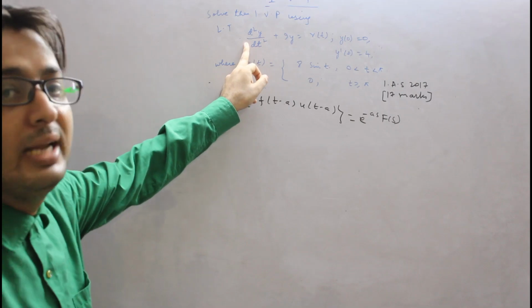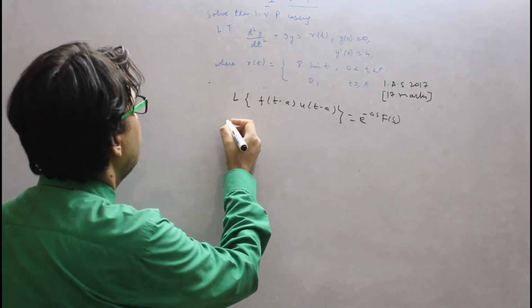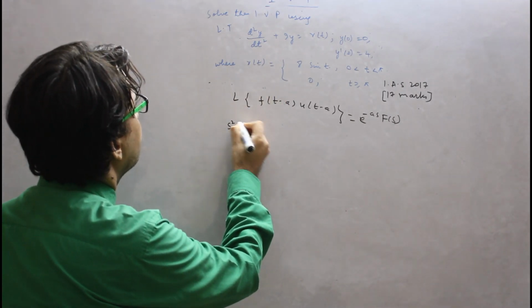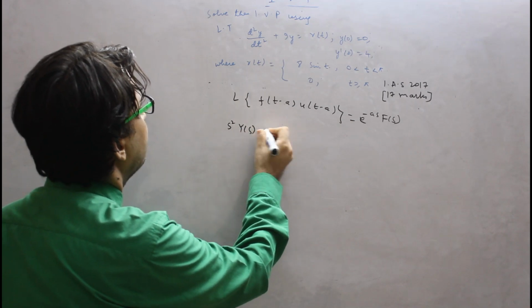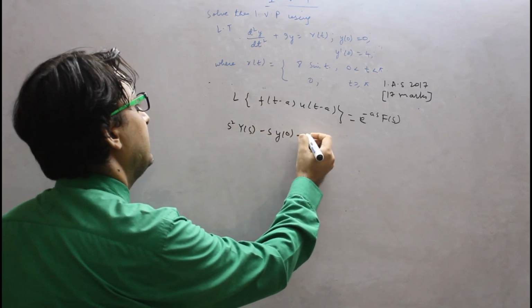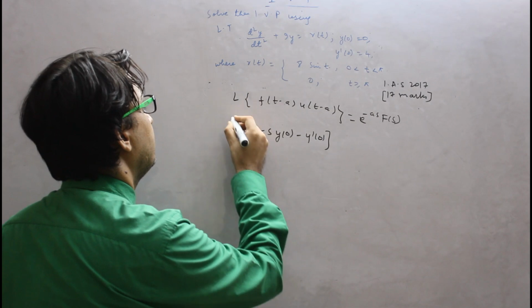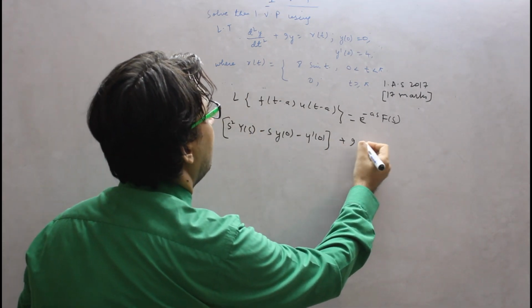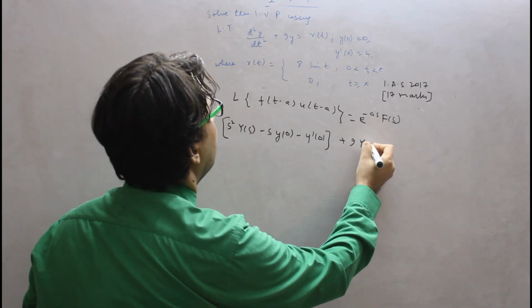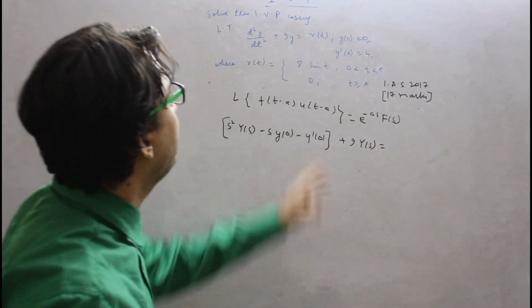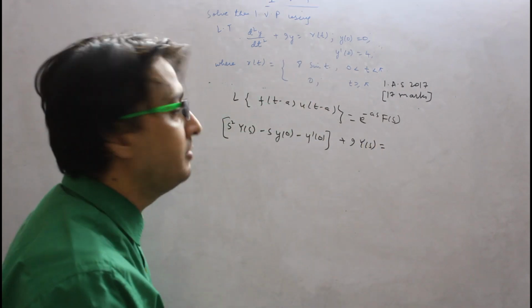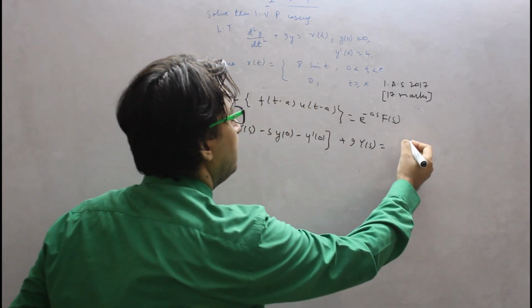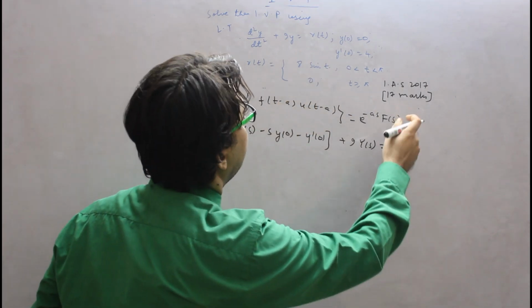We will invoke Laplace transform here. So what will it become? s square Y of s minus s y0 minus y dash 0 plus 9 times Y of s is equal to Laplace transform of r(t). Since we have been given the range, we can integrate from 0 to infinity.